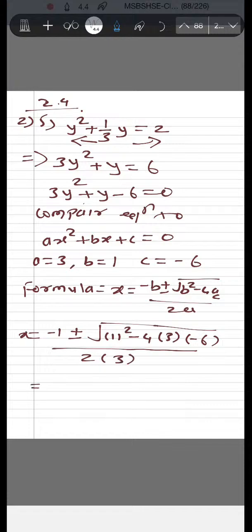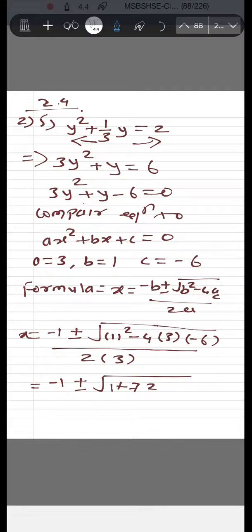So which is equal to minus 1 plus or minus square root of 1 square once, 4 3s are 12 and 12 6s are 72. Correct. And minus minus plus, therefore 72.